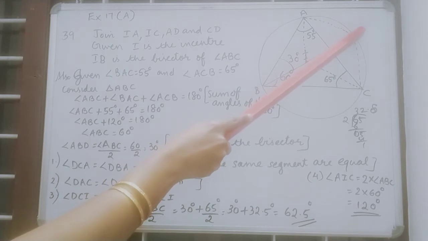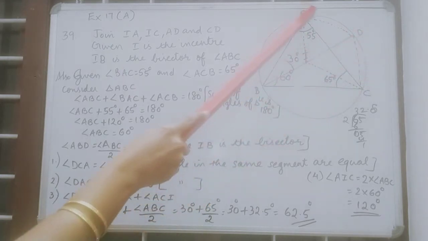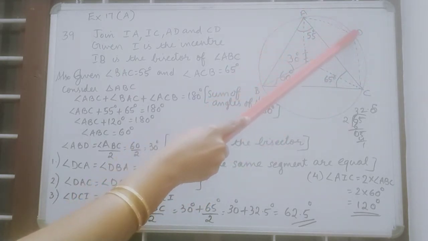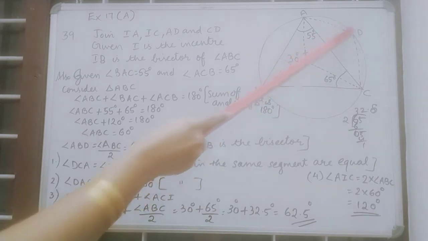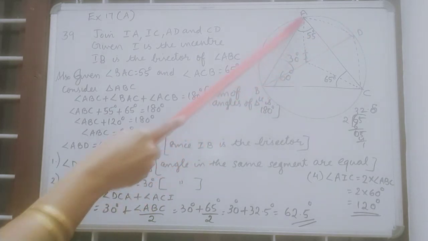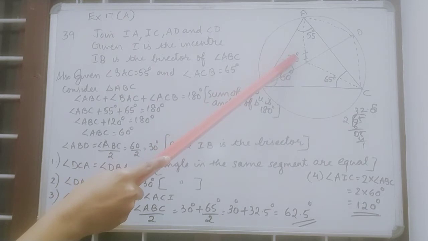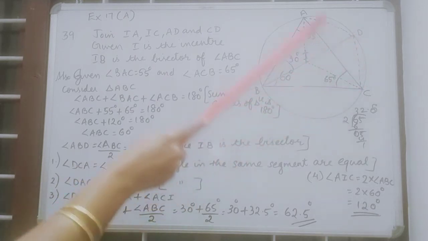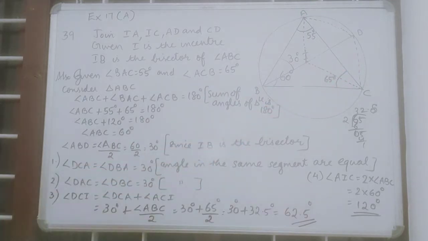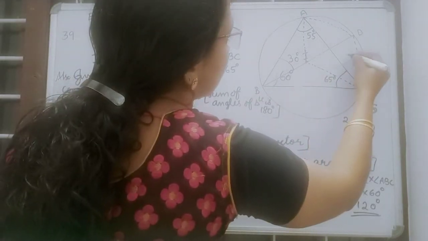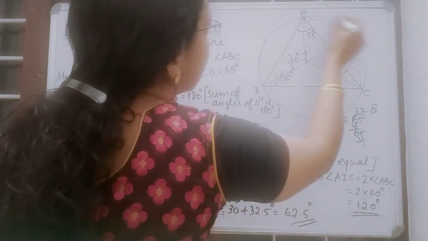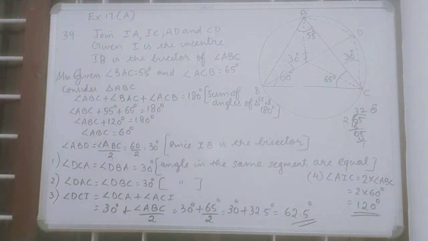In the same way, angle DCA also lies in the segment AD. Since DBA is 30 degrees, angle DCA will also be 30 degrees because angles in the same segment are equal. So DCA will be 30 degrees. That is the first part.